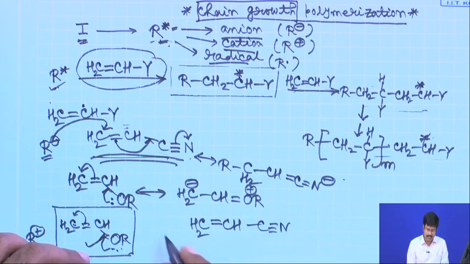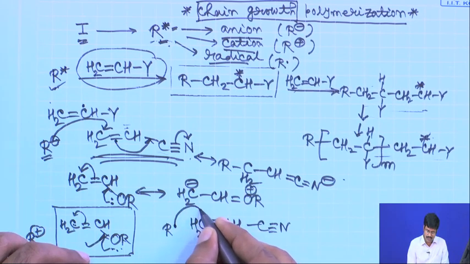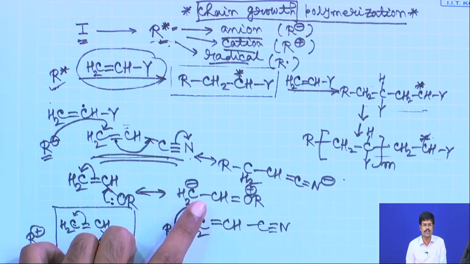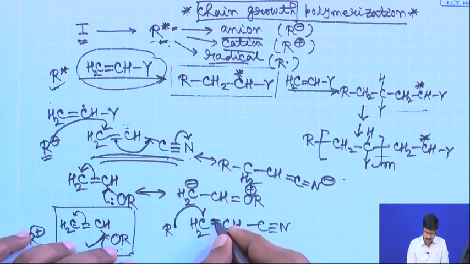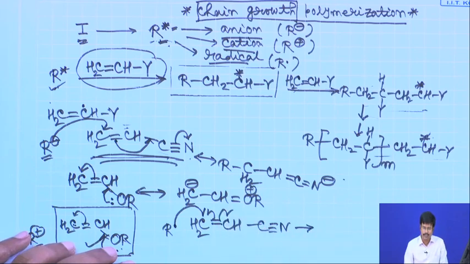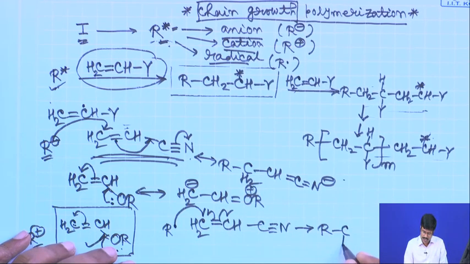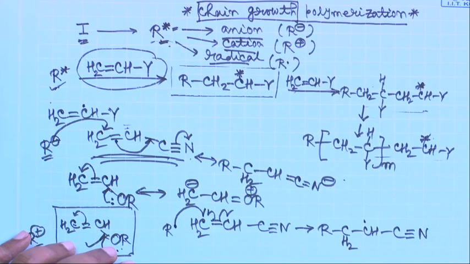and if you initiate the polymerization with a radical, the radical comes here, so it is a half arrow because it is one electron. So, it will be like this, R CH2 CH dot C triple bond N, and now this radical can be stabilized. So, this electron goes here.